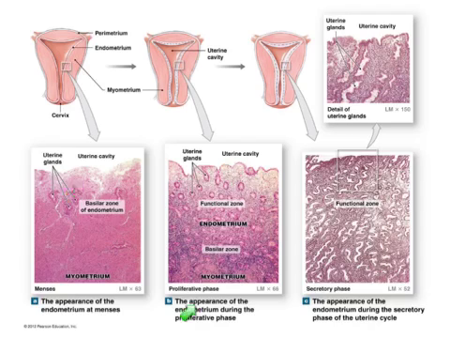Here, in the proliferative phase, you have a very healthy functional zone with well-developed uterine glands. And during the secretory phase, the uterine glands are fully developed. They're throughout the functional zone, and the functional zone itself is much deeper, much thicker than it was during the proliferative phase or during menstruation.